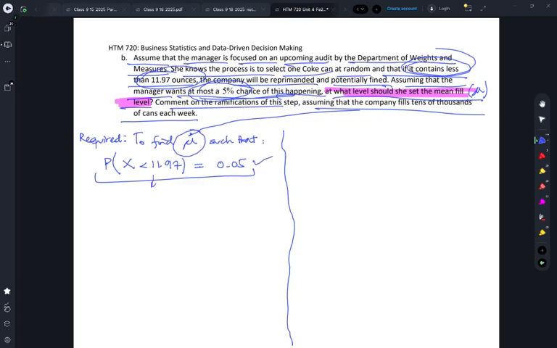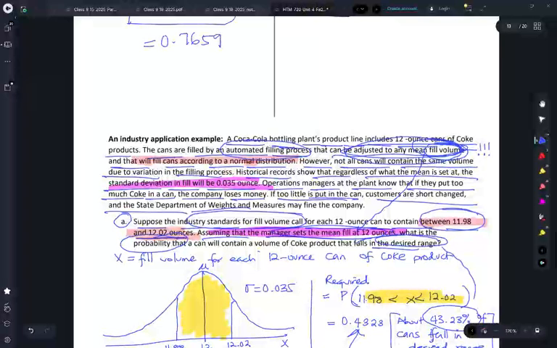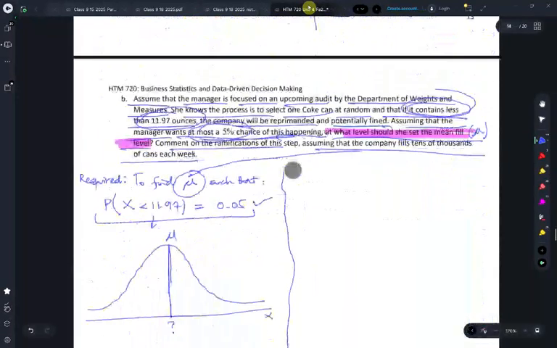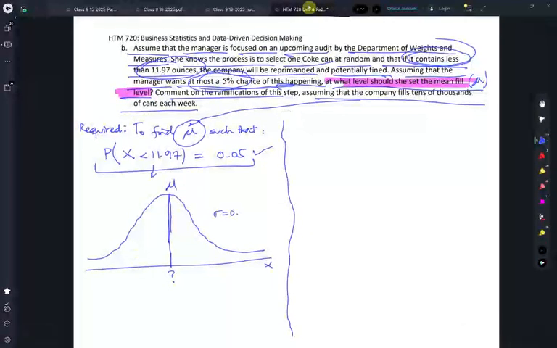Well, I can sketch the normal distribution for x, and in this case, I do not know the mean. Of course, we've been told that regardless of what the mean is set at, the standard deviation will always be 0.035 ounces. So standard deviation is fixed at this value, 0.035 ounces. So what we want to find is the mean, such that this is realized.